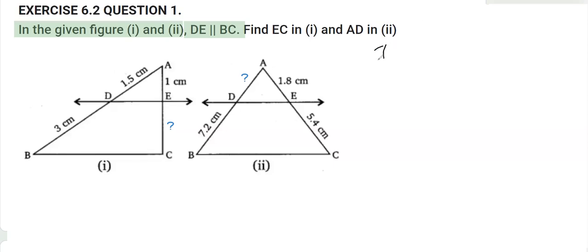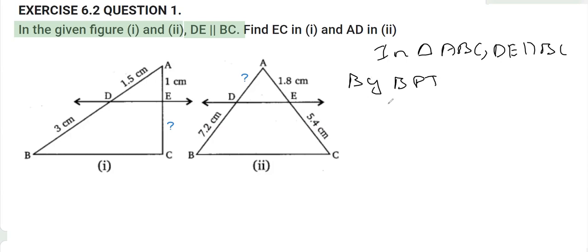We must mention the name of the triangle first. We will say that in triangle ABC, we have DE parallel to BC. That's the first thing we write. And therefore, by using BPT, AD over BD is equal to AE over EC.